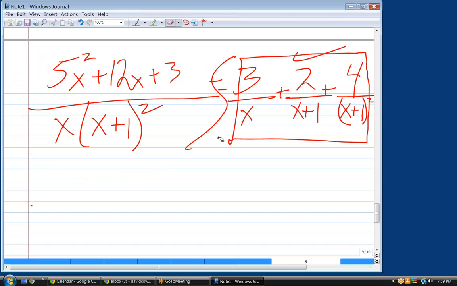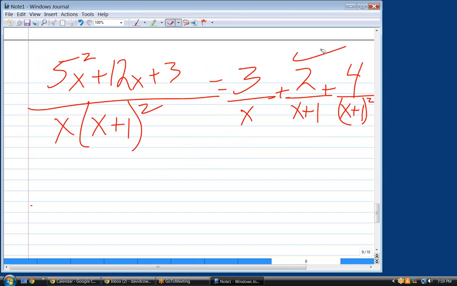But if I can turn the thing on the left into the thing on the right, then I can integrate each term. So that's the reason we need partial fractions, and that's also the reason they don't tend to teach it in pre-calc, because you don't really need it until you get to calc. There is no application in pre-calc that needs you to decompose partial fractions. It's only when you get to integral calculus that it's needed.